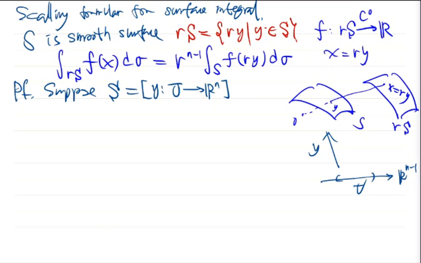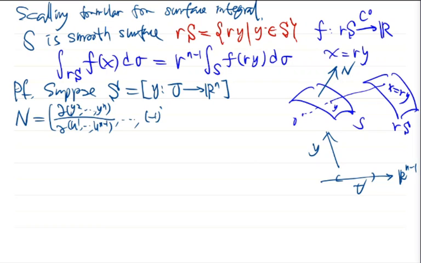Then the parametrization will give a normal vector. The corresponding normal vector n is given by the determinants of the partial derivatives of y2 through yn with respect to u1 through u(n-1), with signs alternating, up to (-1)^(n+1) times the determinant for y1 through y(n-1). Okay, we know how to compute the normal vector once a parametrization of a surface is given.